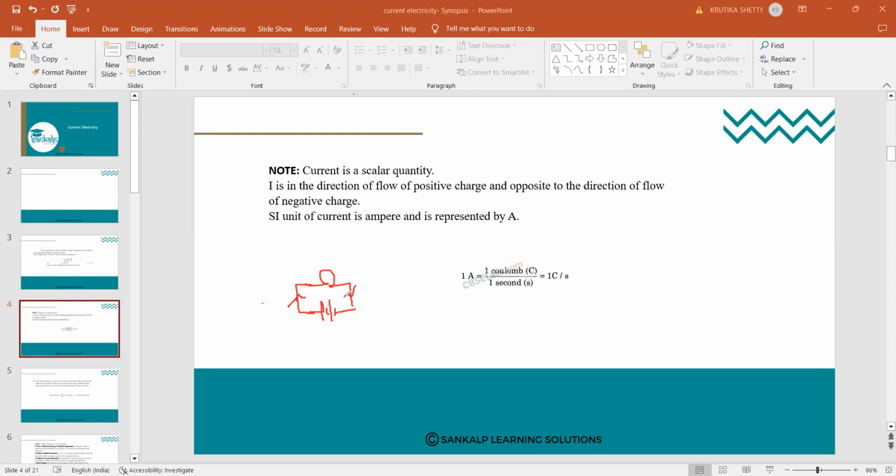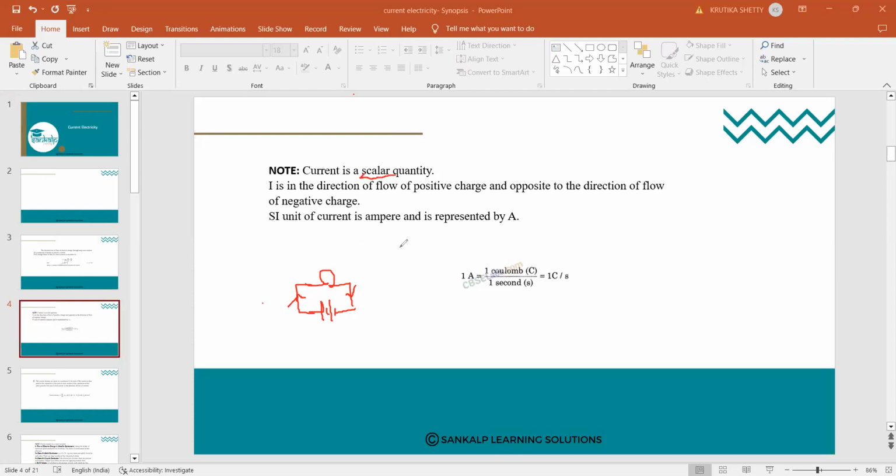Even though it is having direction. So you are saying that the current has the direction of positive terminal to the negative terminal of the battery. So even if you say this, why is current a scalar quantity?